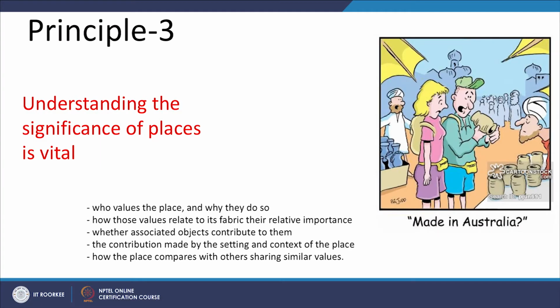So that significance of these places, how one can understand this, who values the place and why they do so. Because today, Kanjipuram is known for its silk saris, and Benares is known for its religious practices and the religious assemblage of both the rivers Varna and Assi, and also the Benares silk.